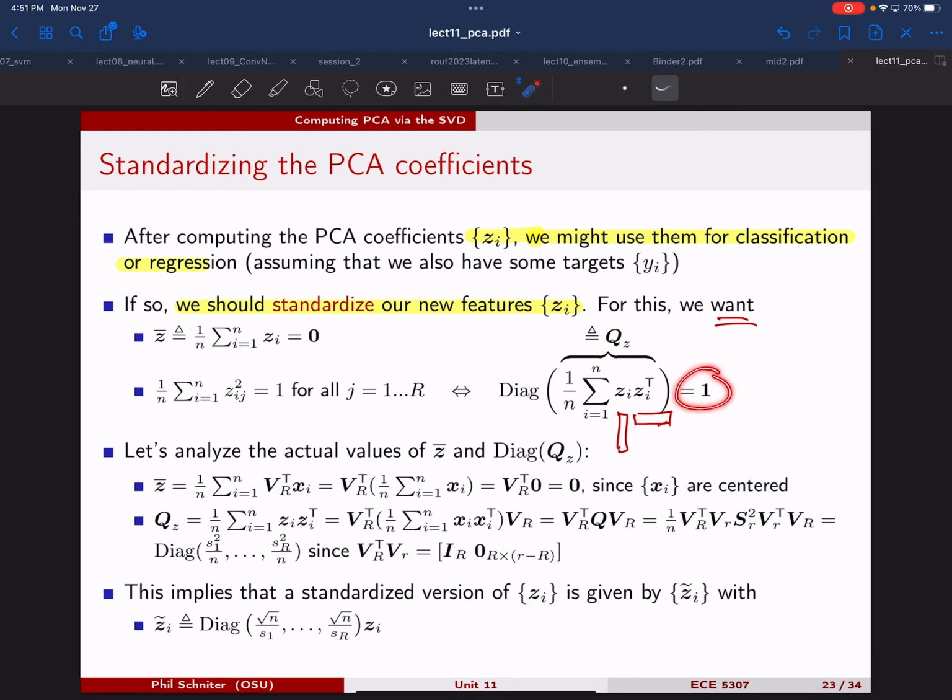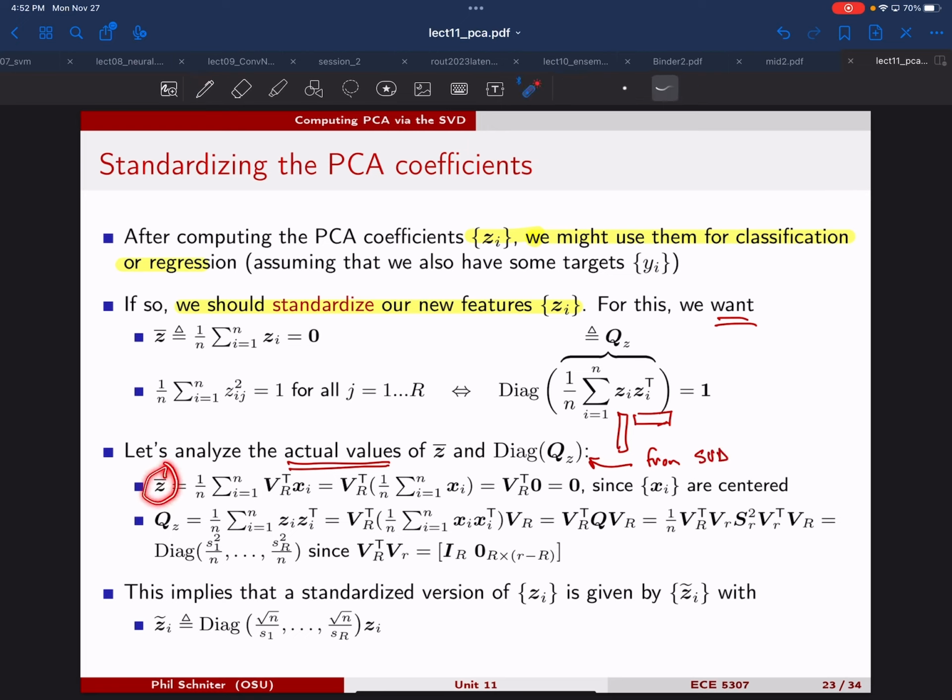So this is a bold one. How do we do this? Let's see what we actually get with the values from the SVD.